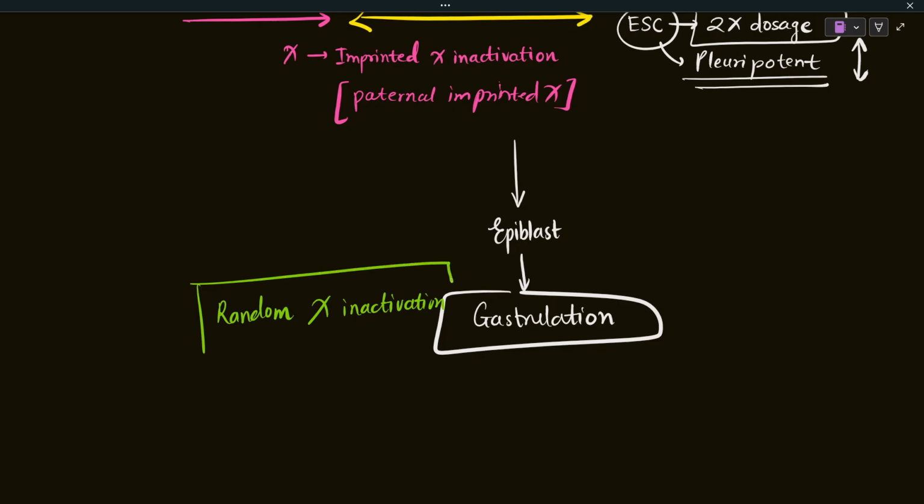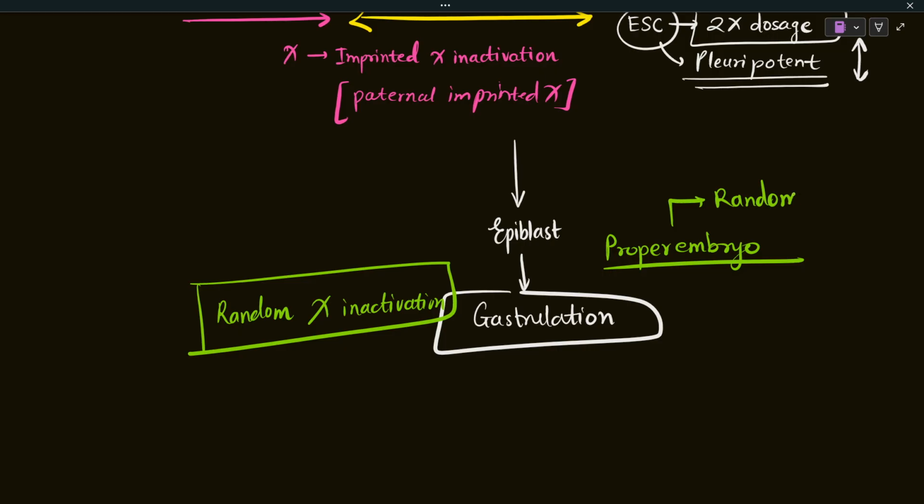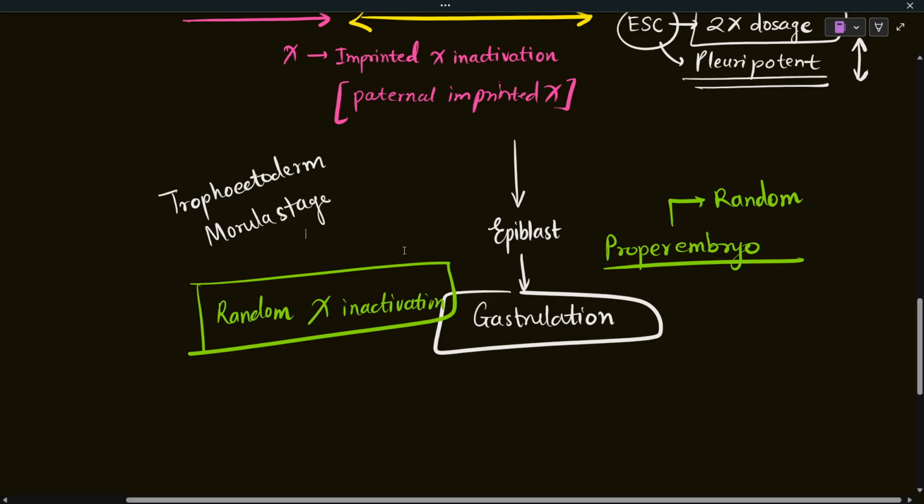So we can say that the proper embryo in humans shows random X chromosome inactivation. We can conclude that humans show random X chromosome inactivation except for the placenta or trophoectoderm, as well as the embryo till the morula stage.